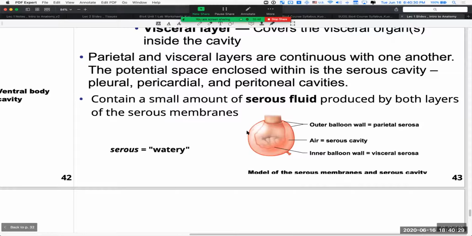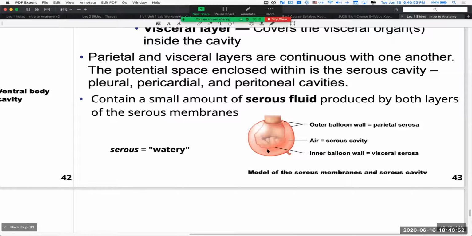The parietal layer is the part of the balloon that's not in contact with your fist. You can see the visceral layer sits right on top of the internal organ, but you can also see that the visceral and parietal layers are continuous with one another. They're really just one layer, folded in two.